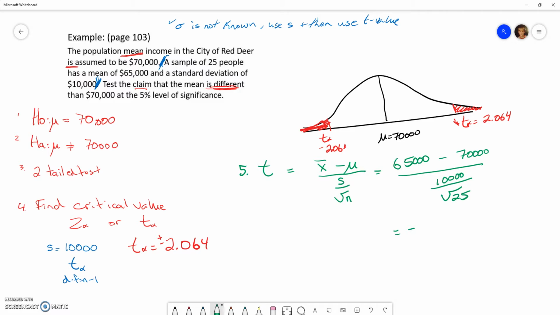And, refer to my calculations. 70,000, 65. I get a t-value of negative 2.5.